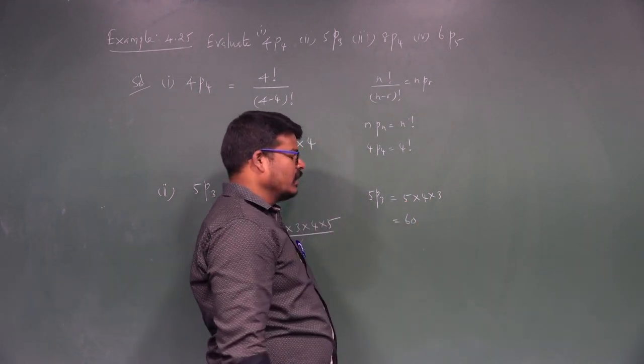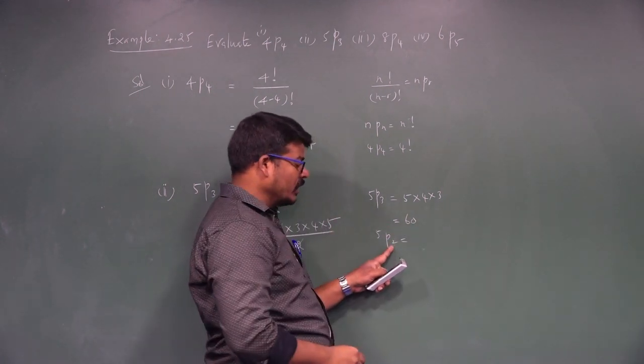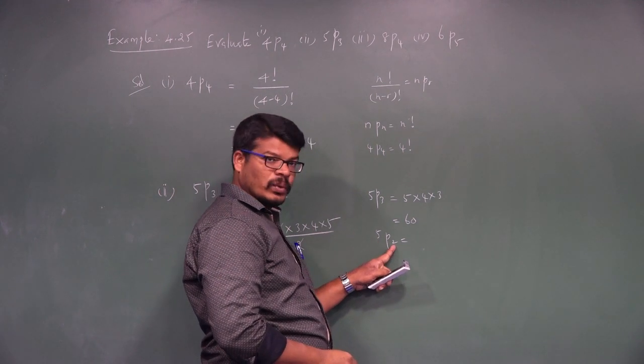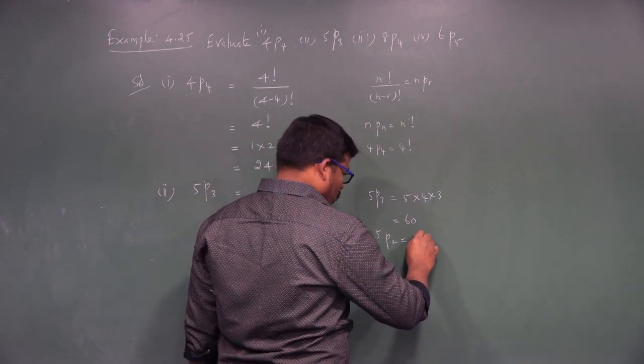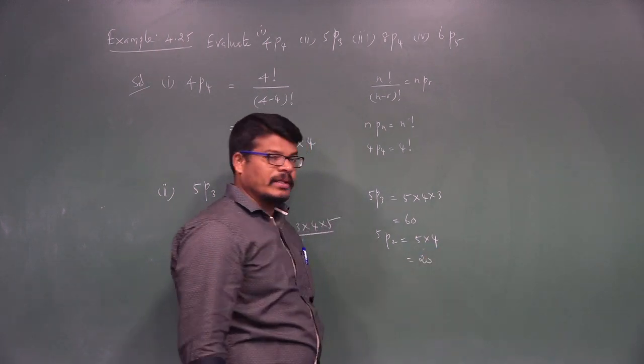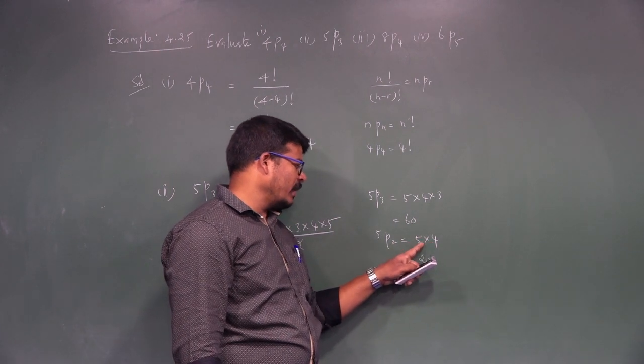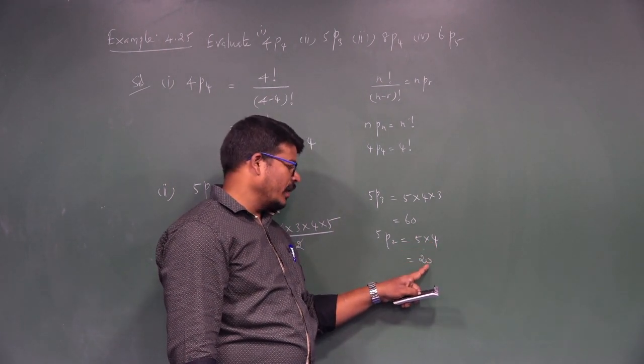For example, 5P2. In 5P2, the 5 is reduced 2 times, to 5 into 4. 5 4s are 20. The value is 20. So 5P2 equals 5 into 4, reduced 2 times, which is 20.